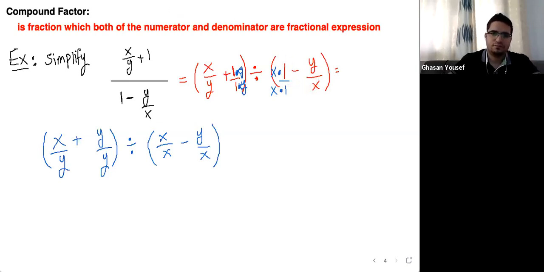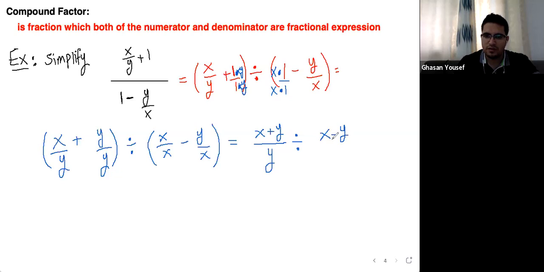Now this is equal. We have to do the sum of the numerators because the denominators are equal, y. So I can get x plus y over y, dividing by x minus y over x.